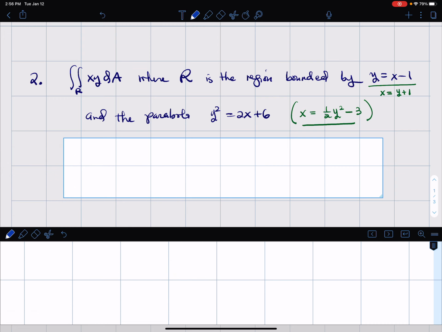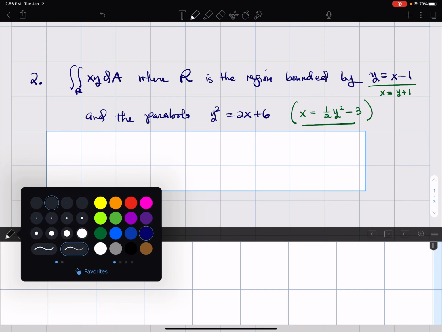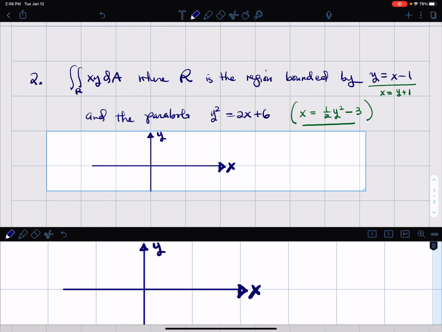We have our y-axis, and then let me make it a little darker and a little bolder. So, on that x-axis. Now, think of this as x, and this as y, so x is a function of y.